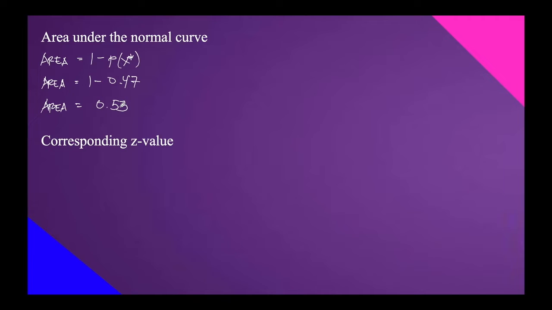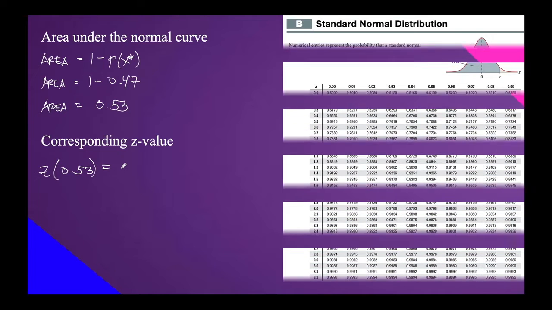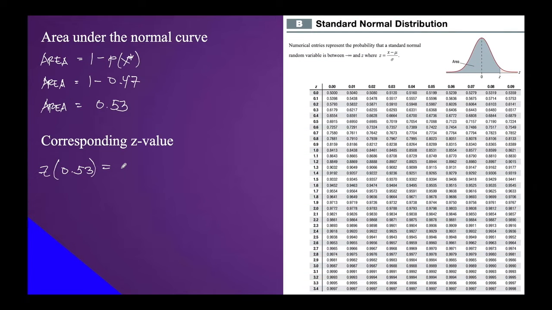So, next, we need to solve now the corresponding z value. This is z-score, this is area kasi, and kailangan nating makuha ano yung corresponding na z value nun. So, z of 0.53. So, upon checking, I hope you still have your table with you.